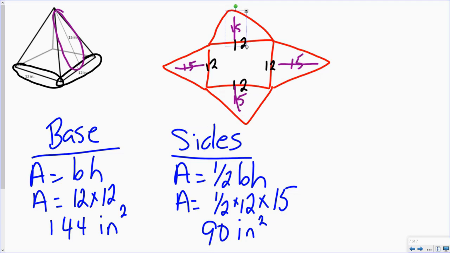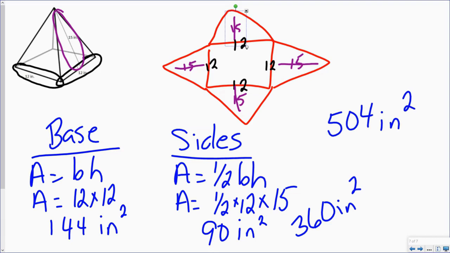But then I need to multiply that by 4, and that would give me 360 inches squared. And then I take my 144 plus 360, and that would give me a total of 504 inches squared for my total surface area of this pyramid.